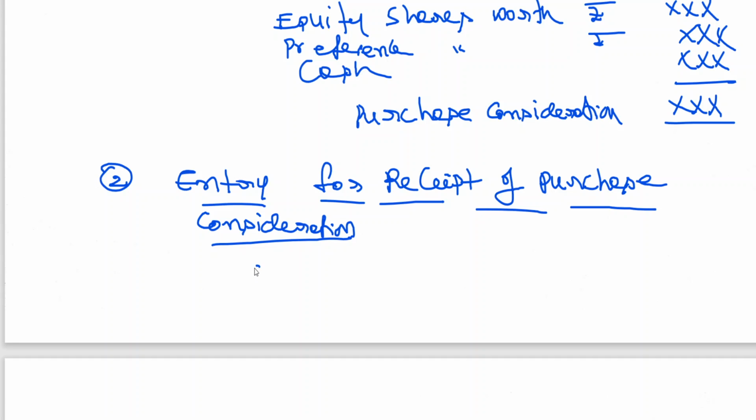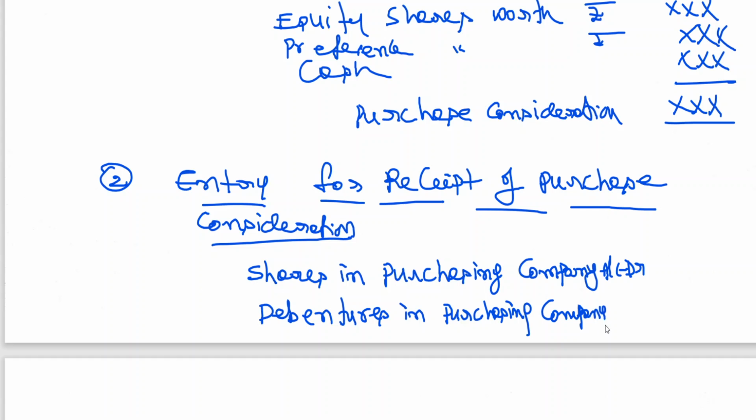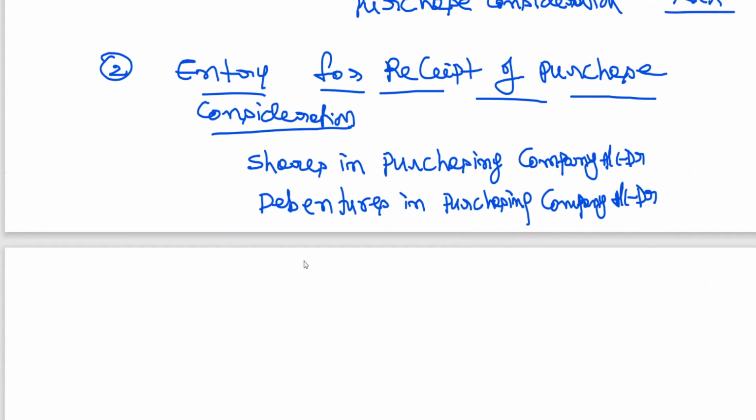It will be received like this: shares in purchasing company account debtor; debentures, sometimes they will be giving their debentures also, debentures in purchasing company account debtor; cash account debtor, as the case may be.